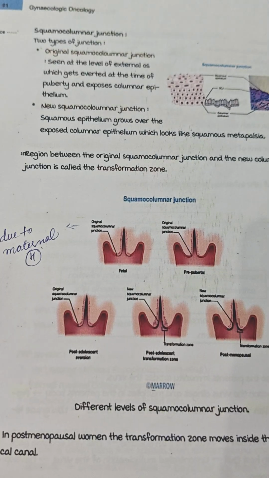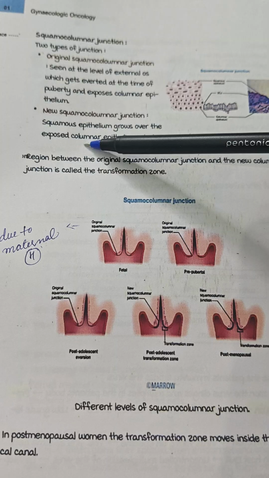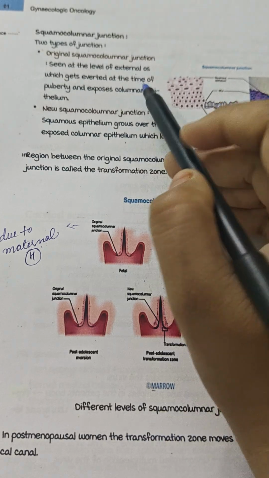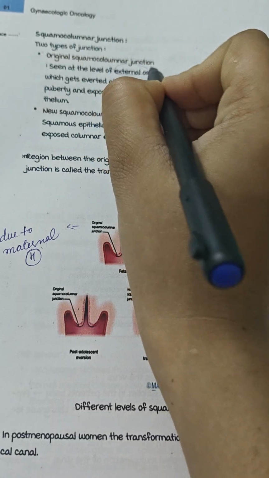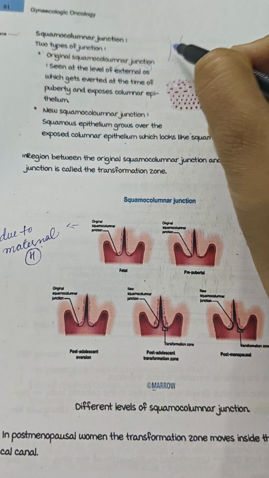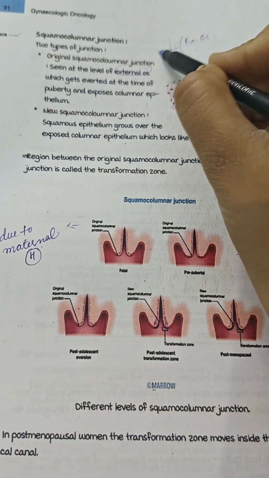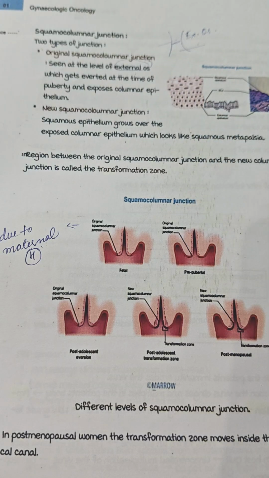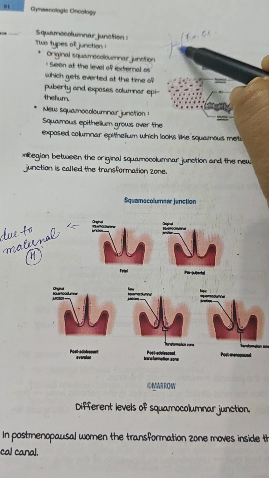Now, coming to the squamocolumnar junction, the cervix comprises two junctions. First one is the original squamocolumnar junction and the second is the new squamocolumnar junction. The original squamocolumnar junction is seen at the level of the external os, so if this is the external os, this is the endocervix and this is the ectocervix, which gets everted at the time of puberty and exposes the columnar epithelium.